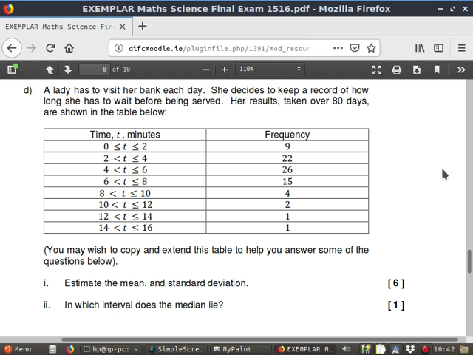Get calculating. We check the average of what? On the minutes. That's what I want you to calculate. But don't forget about the frequency.